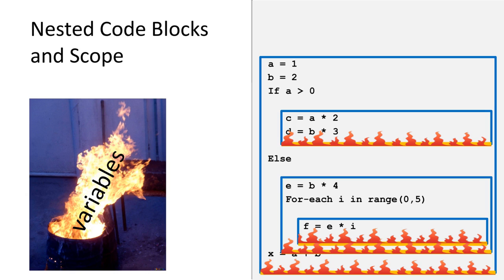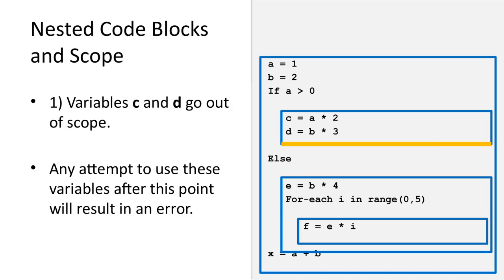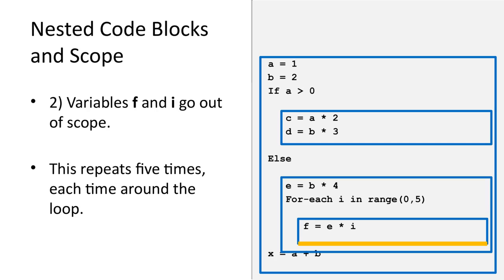The first code block to end is the if code block. Two variables were declared in this code block, called C and D, and these variables will therefore go out of scope. The next code block to end is the for each code block. Since this is a loop, this code block is executed 5 times. Each time, two variables are declared, called I and F. And each time, these variables will go out of scope.